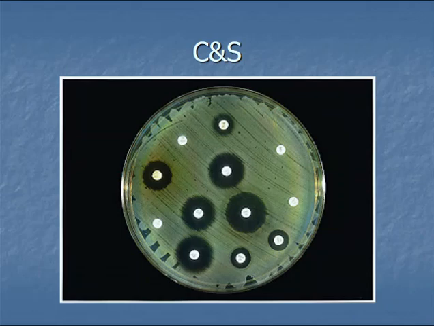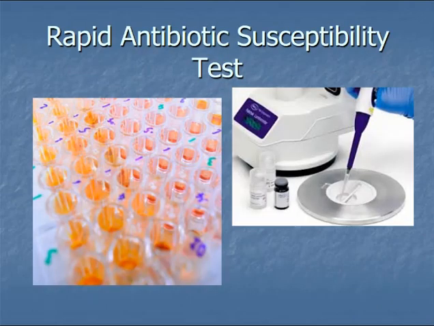Now, another way we can do this is rapid antibiotic susceptibility testing. This is just another way to do a sensitivity, and it allows a little bit faster look at many different antibiotics to see which ones will work.